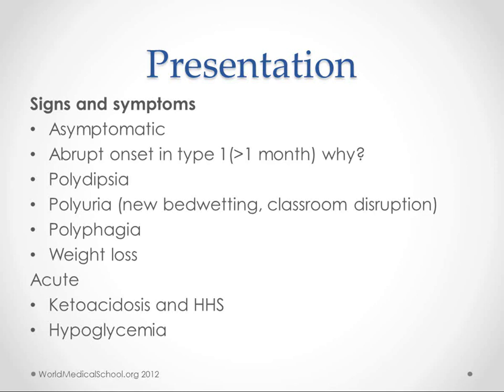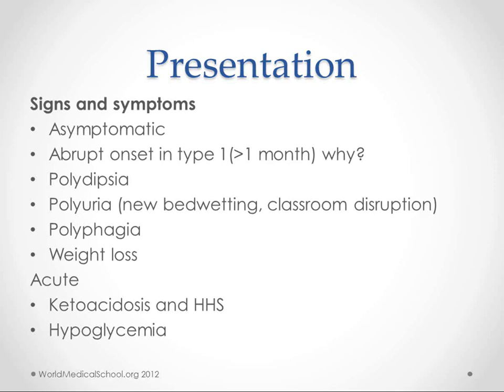The acute symptoms that a lot of kids still present with are ketoacidosis, and in type 2 diabetes, HHS, which is hyperosmolar hyperglycemic syndrome, maybe. I can't remember exactly what it stands for. Anyway, what it is, is a ketoacidosis-like process that happens more in type 2 diabetes.